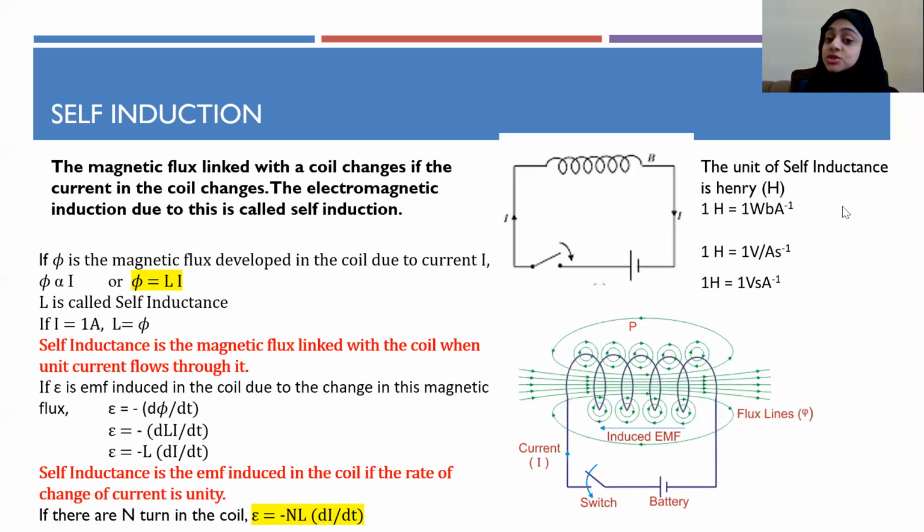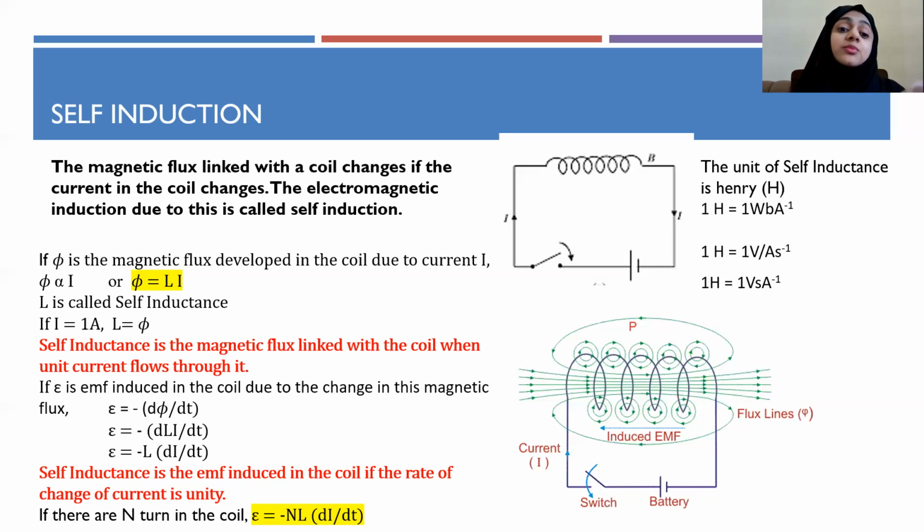Now, what is the unit of self-inductance? Self-inductance has an SI unit, Henry, having the symbol H. Do you remember Henry? We saw in the first lesson of this chapter that along with Michael Faraday, Henry and Lenz also conducted similar experiments and came up with similar results but in different parts of the world.